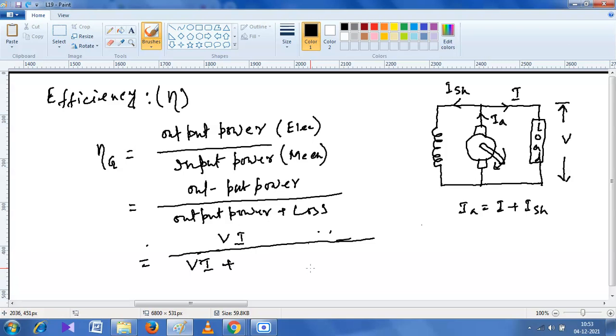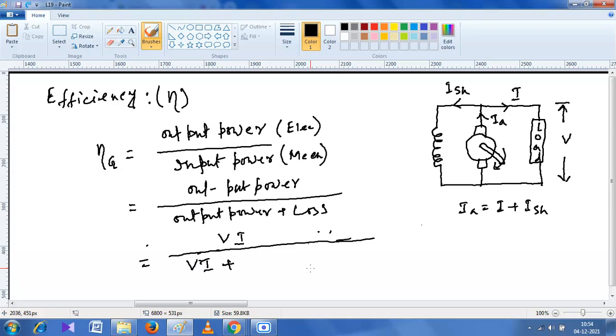Good. These five losses can be broadly classified into two categories: one is called variable loss, another is called constant loss. The variable loss is the one which depends on the armature current.